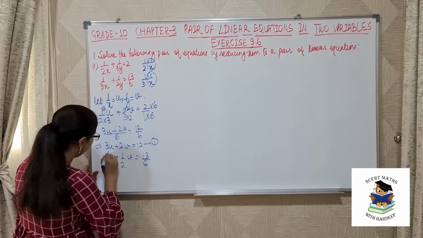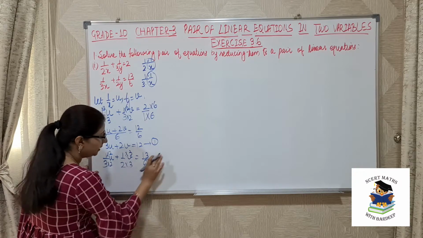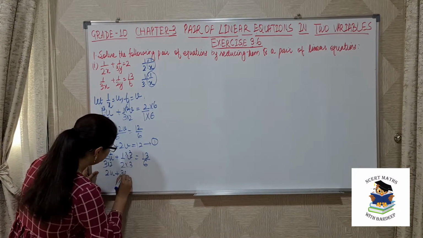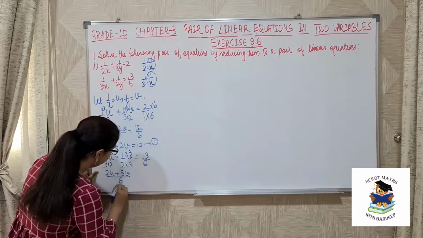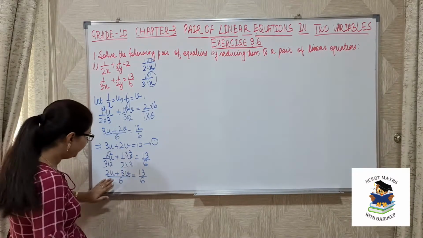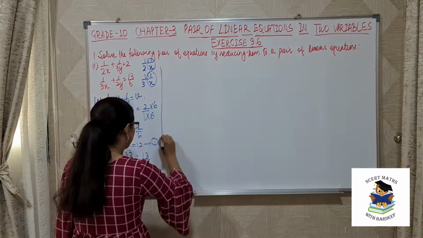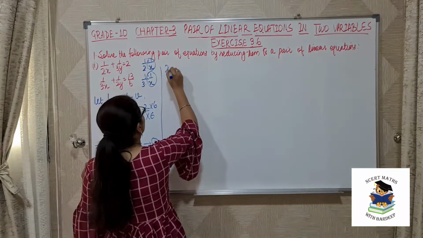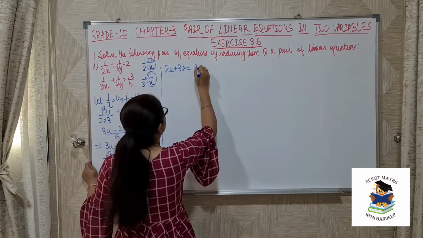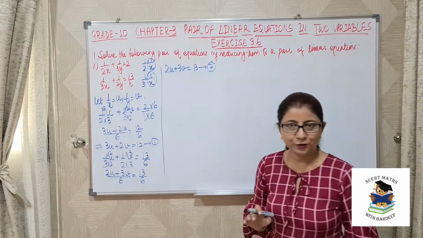So this term is to be multiplied with 2, this with 3, this is already 6, so it will be left as it is. So 2u plus 3v over 6 is equal to 13 by 6. Again, same denominator, ignore this. So 2u plus 3v equals to 13 is our second equation, which is reduced to linear format.